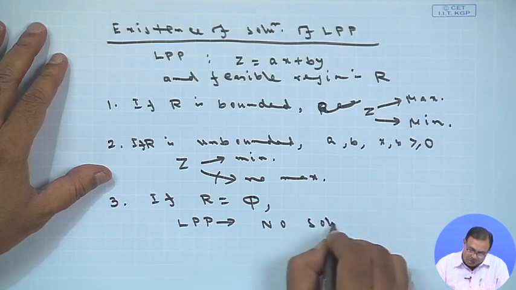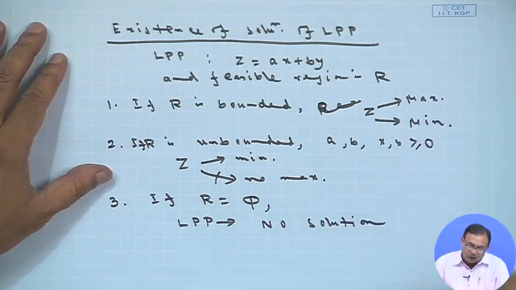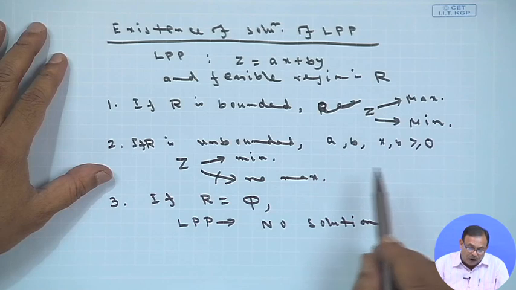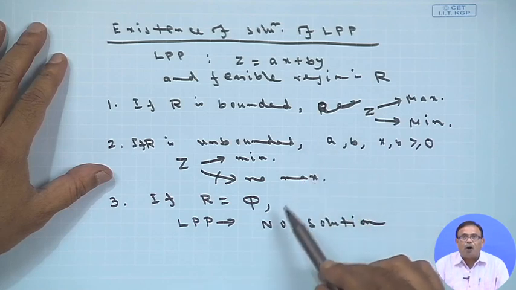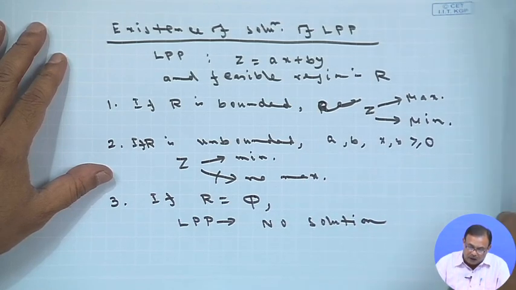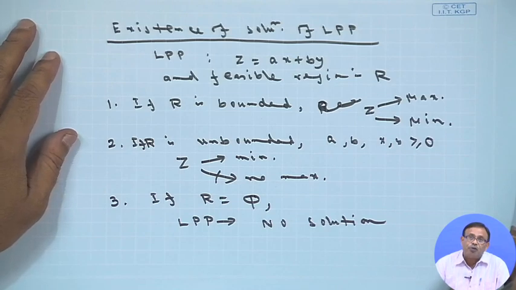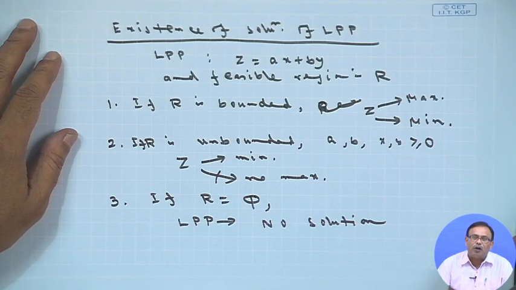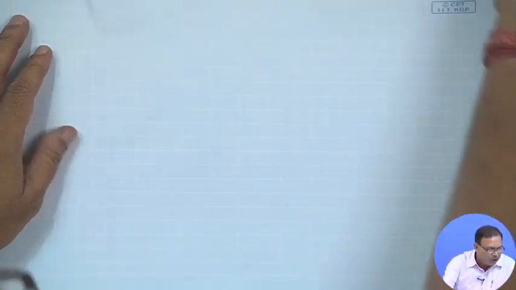So, these are the cases. Depending upon the boundedness or unboundedness or emptiness, the solution may be unique or an infinite number of solutions. Maybe we can achieve only a minimum value for a maximization problem, or no solution.